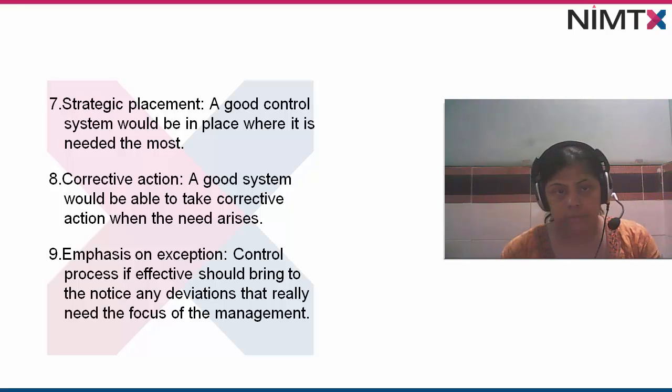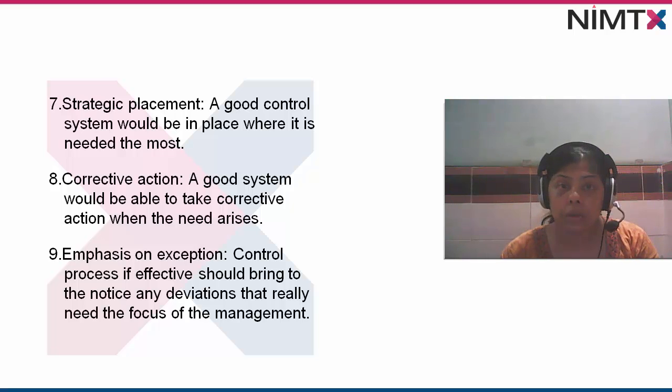Strategic placement. A good control system would be in place where it is needed the most. Corrective action. A good system would be able to take corrective action when the need arises. Emphasis on exception. A control process, if effective, should bring to the notice of management any deviations that really need its focus.